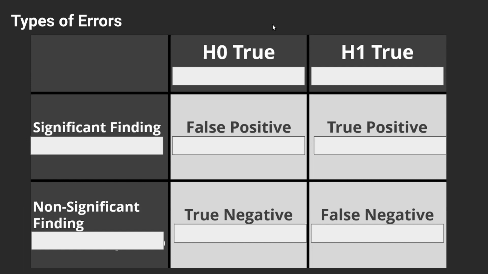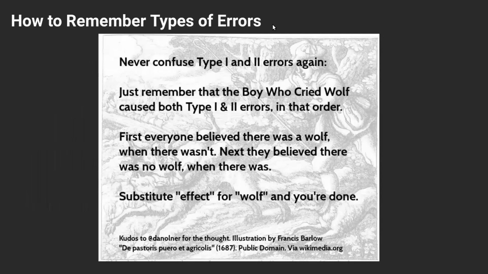But the best way to summarize this, I think, is something I saw on Twitter ages ago, which helps you never confuse type 1 and type 2 errors ever again. If you remember the boy who cried wolf, and I imagine hopefully people are familiar with this story, it caused both type 1 and type 2 errors in that order. If you don't know the story, please say so in the chat and I can explain it.